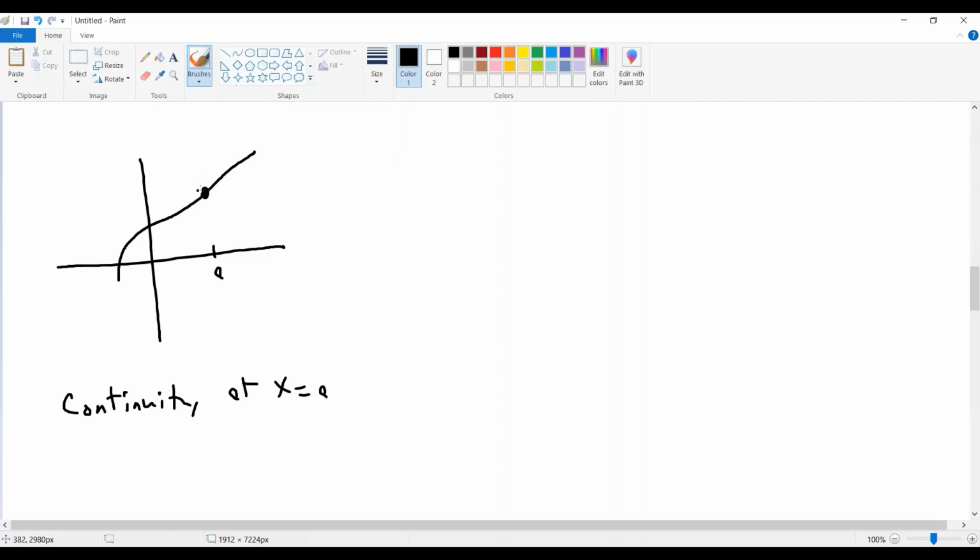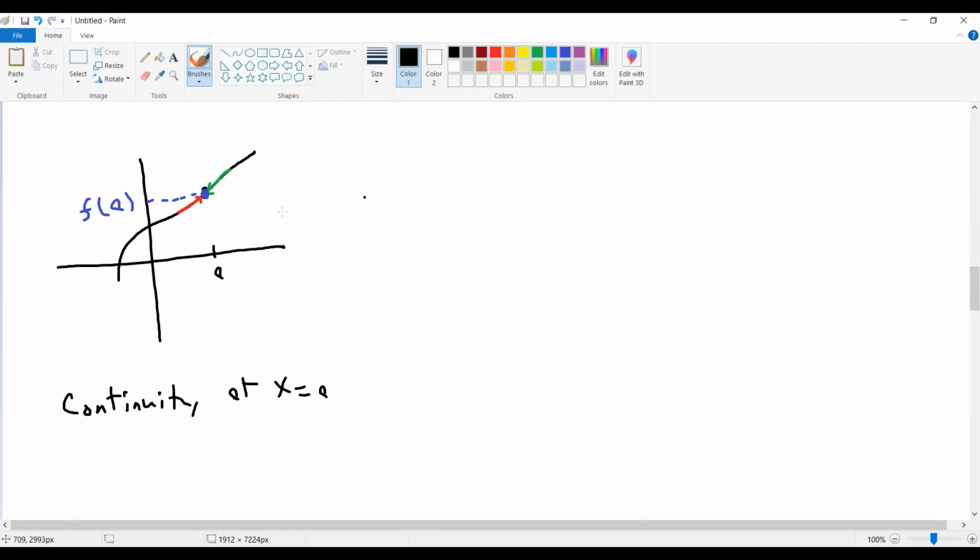What we're checking is that the function from the left is approaching the same thing as from the right, and that what the actual function is defined to be is indeed f of a. So this is continuity at the point x equals a. We've got the left side of the limit in red, the right side in green, and in blue, how the function is defined.